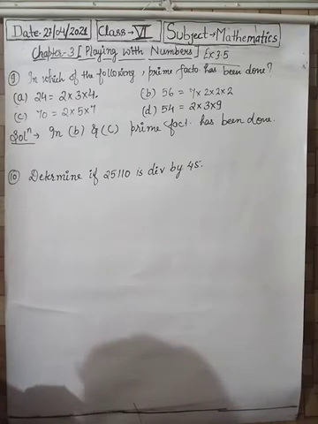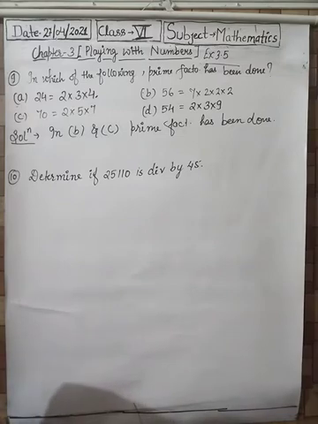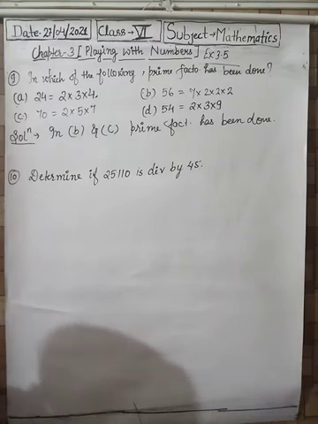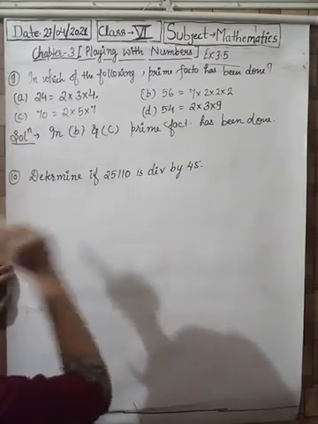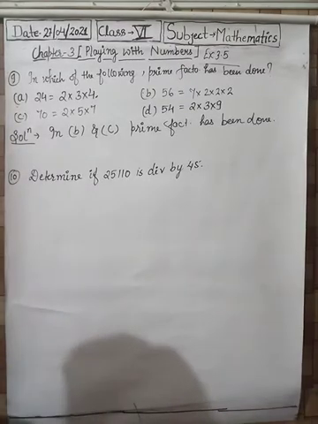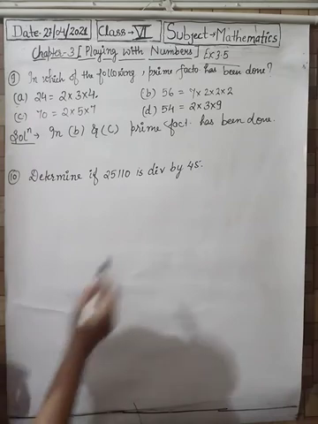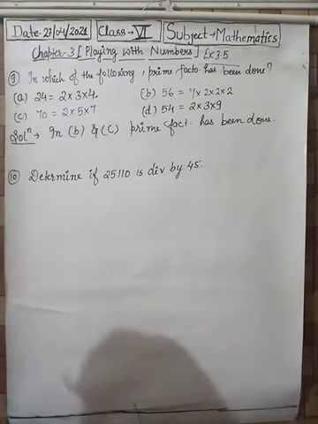Why? Let's recall a rule which has been given on page number 60 of your NCERT book. In bold letters, rule number 2, some more divisibility rules. If a number is divisible by two co-prime numbers, then it is divisible by their product also.